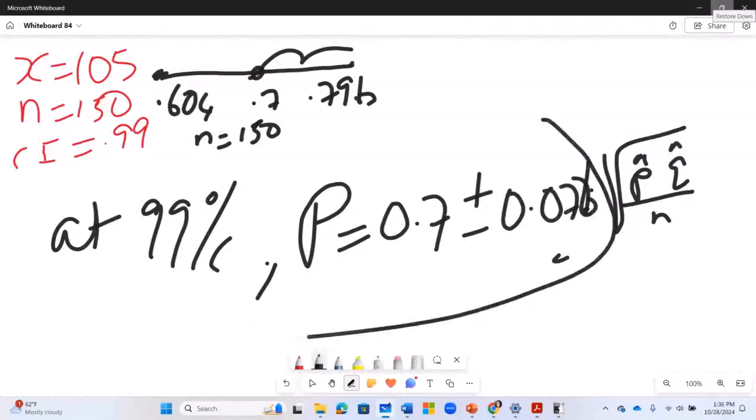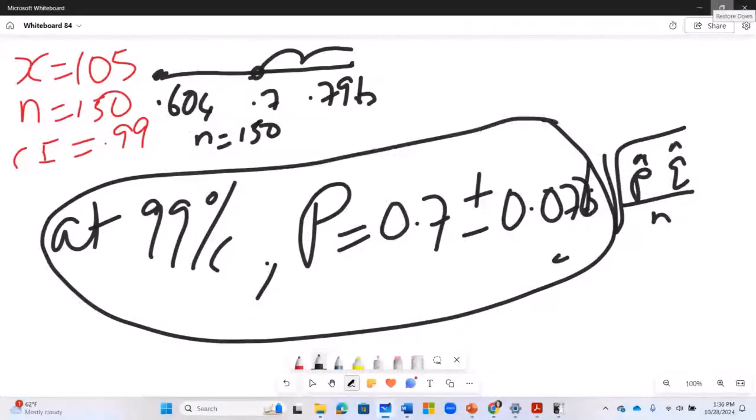Remember, you have to be confident to the percentage of confidence given to you. So I am given 99% confidence. So at 99% confidence, the population proportion is the point estimate, the sample proportion, plus or minus the margin of error.